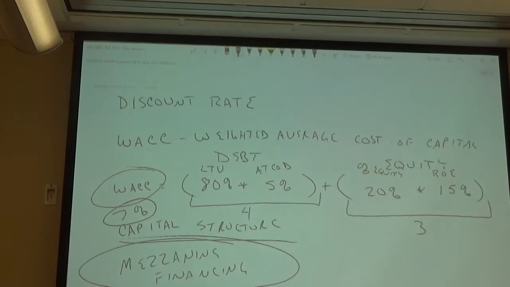Mezzanine financing, mezz finance. If you don't believe me, Google it. Mezzanine financing is kind of a middle ground financing. It's maybe not quite equity, not quite debt. It's basically kind of a hybrid sort of thing. In finance terms, it's kind of like preferred stock.